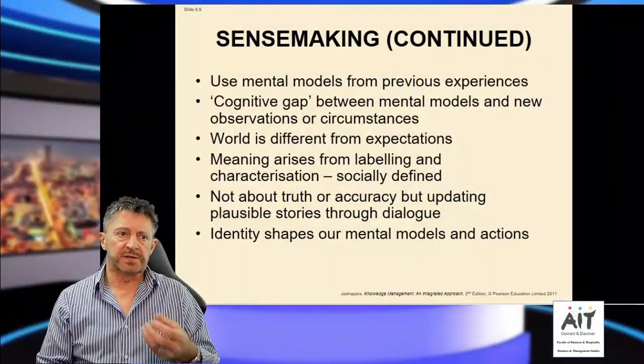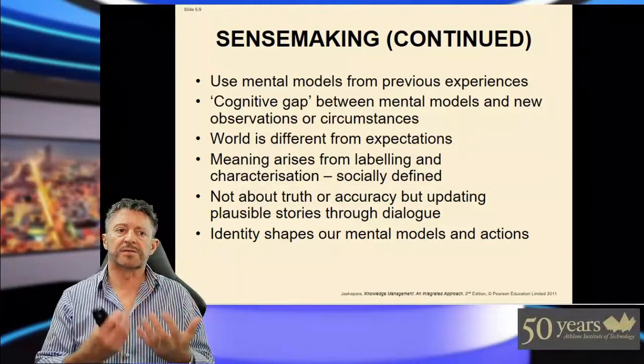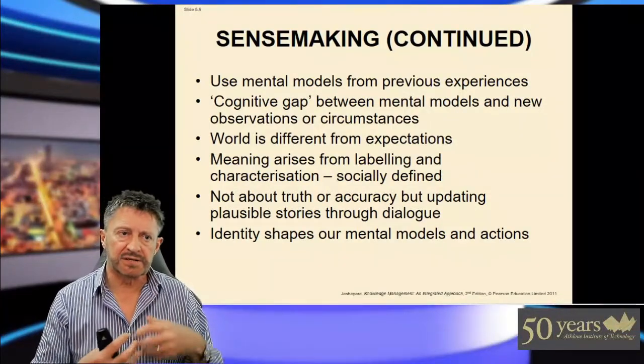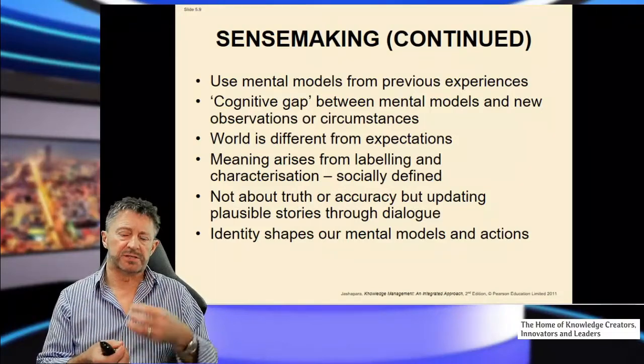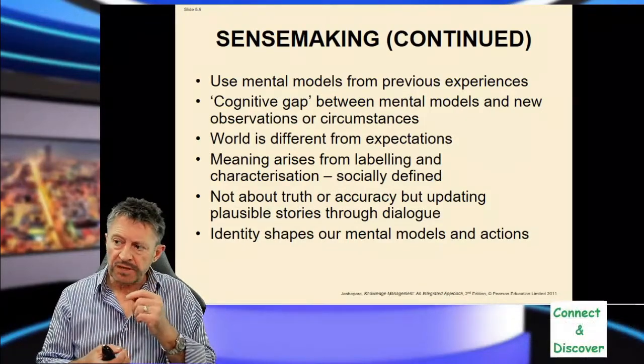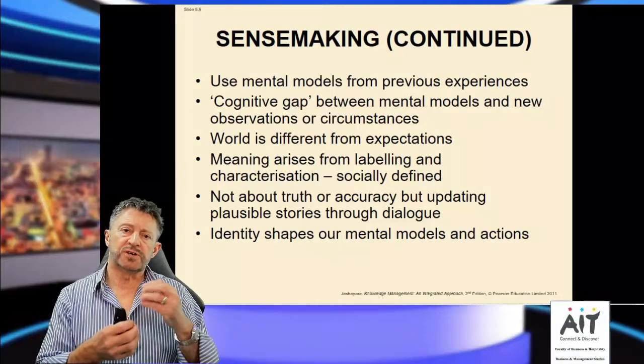So again, the sense making: we use mental models from previous experiences. We have cognitive gaps between the mental models and the new observations or circumstances. So yes, we might not have all the information, as I mentioned previously. If we don't, we try to fill in the gaps.